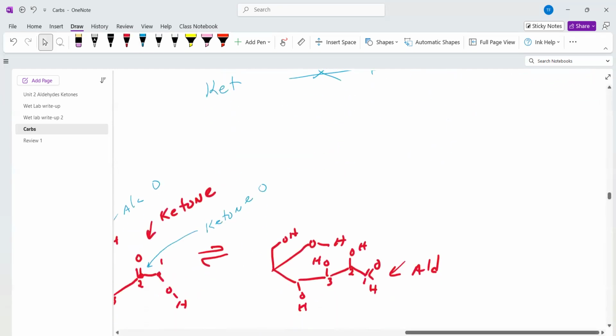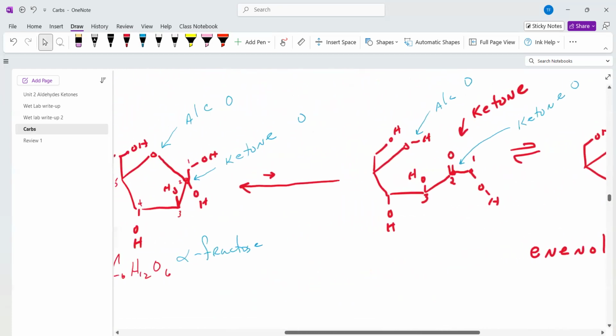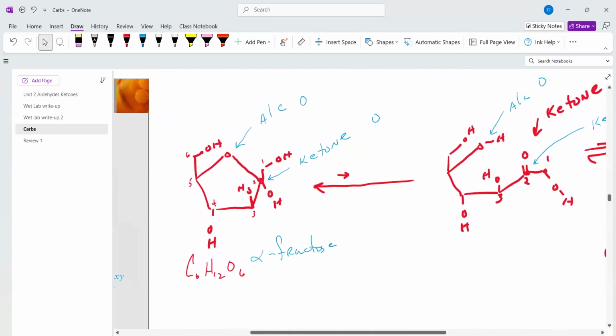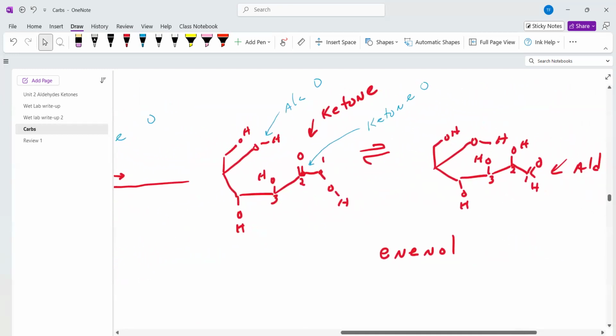So if this fructose opens up to a ketone, we should get a negative Benedict's test, but we don't. We get a positive Benedict's test because when the fructose opens up, it does a little sneaky trick and turns into an aldehyde momentarily, in which case it'll give a positive Benedict's test.